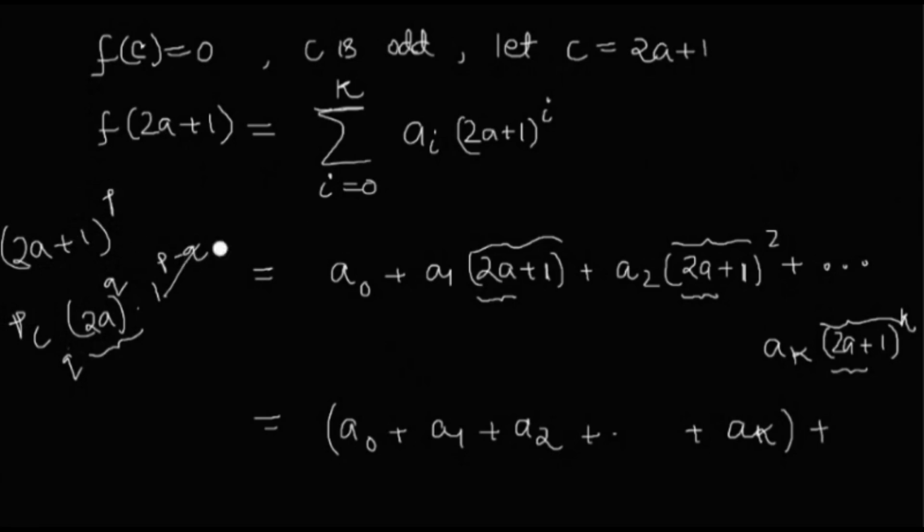That's why I got a little bit confused. This will be p minus q, and this will be q. Yeah. So unless q becomes p, there will always be involvement of a twice a. That means I can say that there is a factor of twice a in each of them, excluding a0, a1, a2, and ak, all of this. That means you'll get the sum of all the coefficients plus an even number.